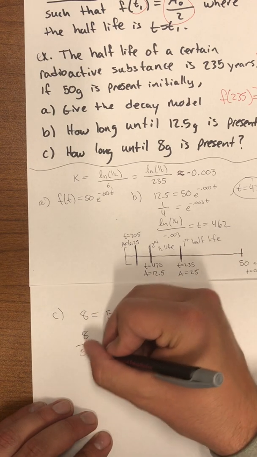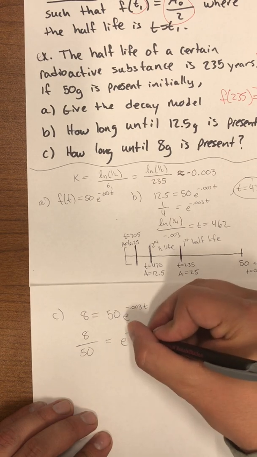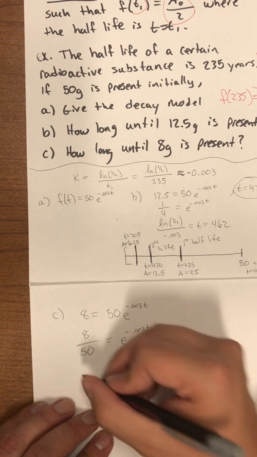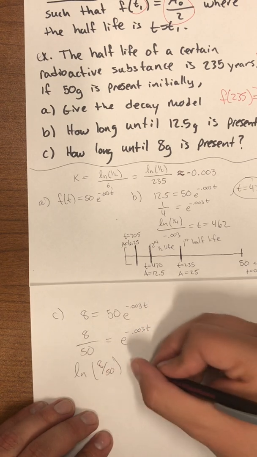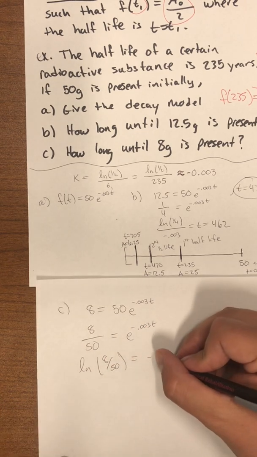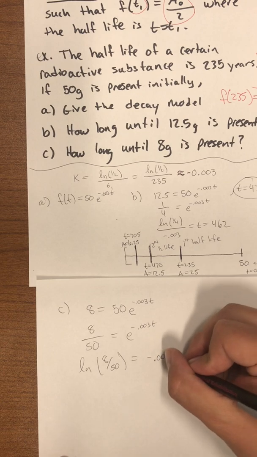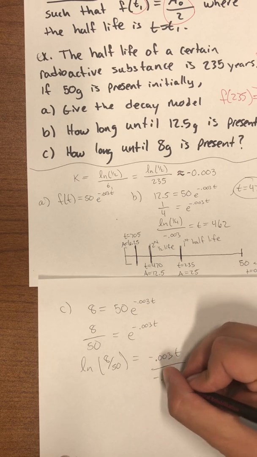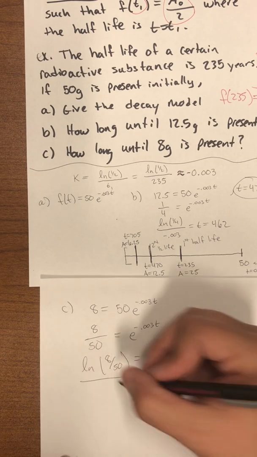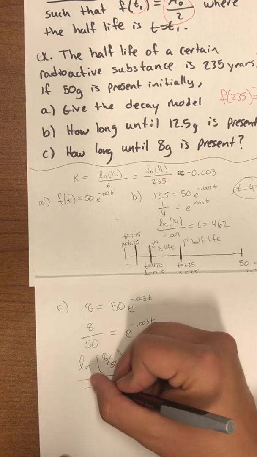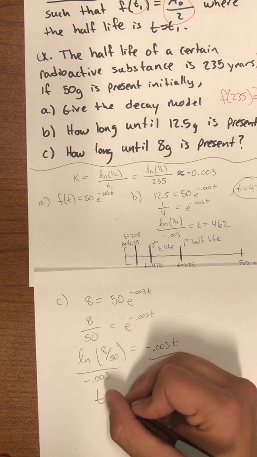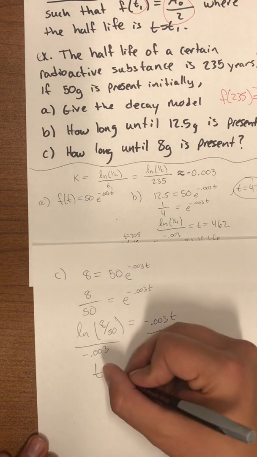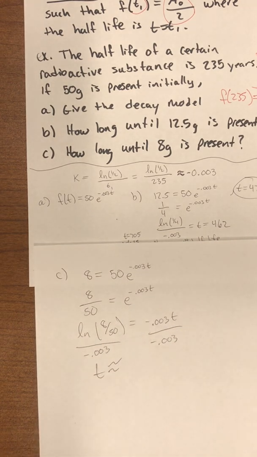So 8 over 50 equals e to the negative 0.003 t, natural log both sides. 8 over 50 reduces, we'll reduce that in just a second. And then divide by the constant there, which is now the coefficient. And type that into the calculator.